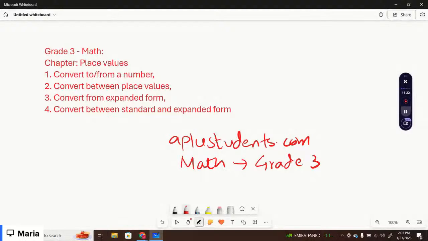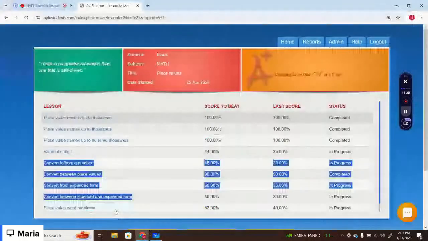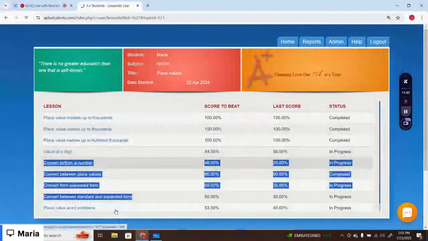So please make sure you have your notebook and pencil so that you can note down the important examples and definitions as well. Here I'm on grade 3 math. The chapter we are on right now is place values. Let's just start with the lesson that is convert to from a number.